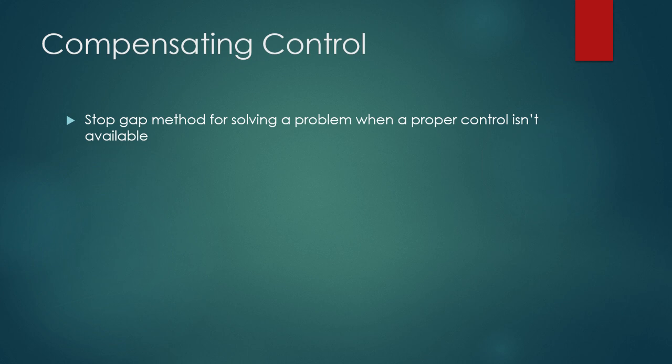So that's a stopgap method. It's not the proper way of doing something, because the security guard could fall asleep, or they might let somebody in who shouldn't be in there, or they might take a bathroom break. So it's not a proper control.